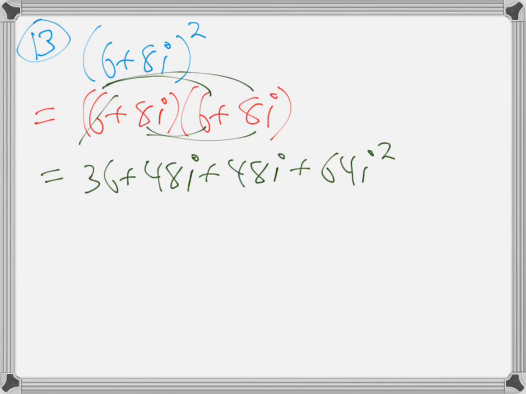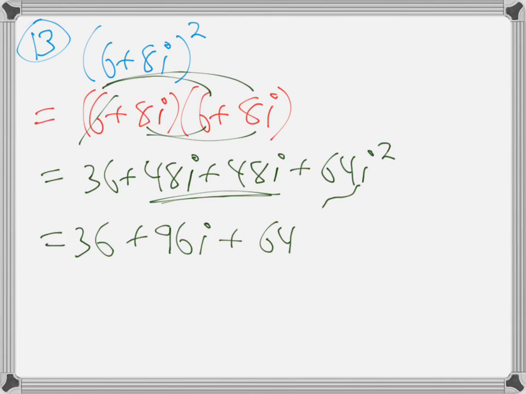All right, and then these two in the middle, what's that, 96i plus 64i squared. And what do we do with i squared? Negative 1, right? We never leave i squared, but we always replace it with negative 1. We leave the plain i's, but i squareds are negative 1.